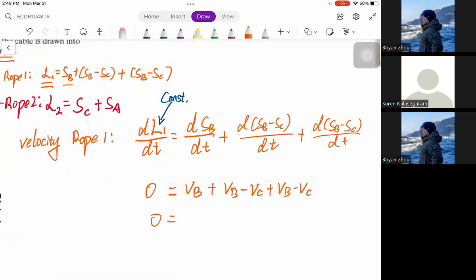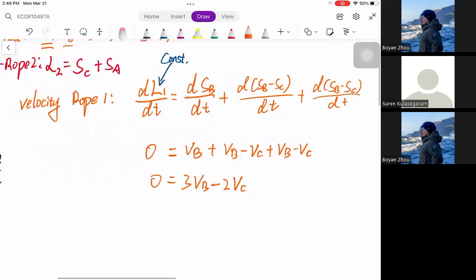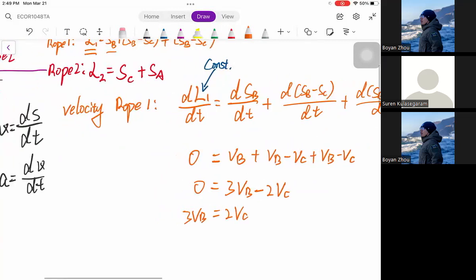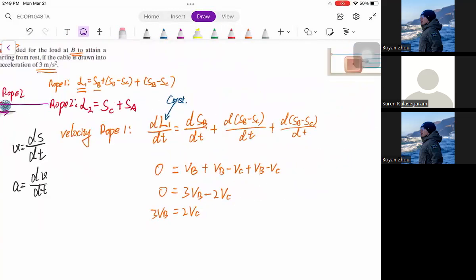So just simplify everything. We can get 3 times VB minus 2 VC is equal to 0. So 3 VB is equal to 2 VC. So that is the velocity function for rope 1.